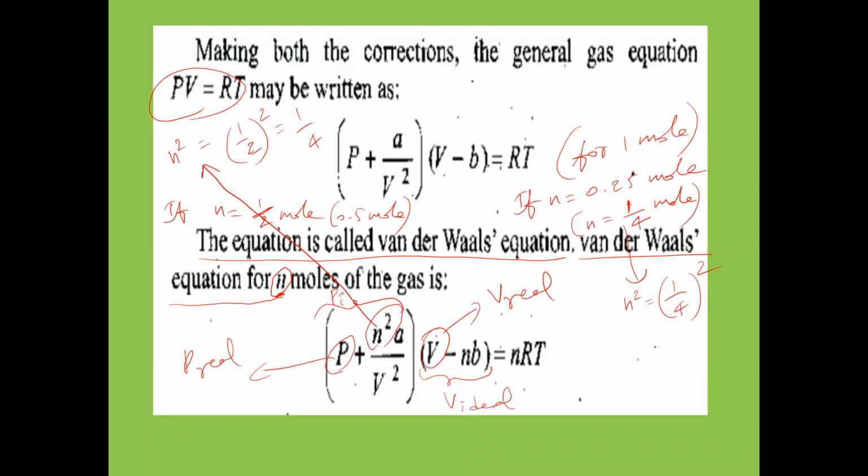Like this we have to substitute the n value for the given number of moles. If 1 mole is given, n is equal to 1. If 1 by 4 moles, n is equal to 0.25. If 1 by 2 moles, n is equal to 0.5 mole. In this way, for different numbers of moles, the Van der Waals equation should be written.